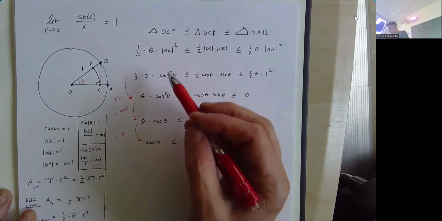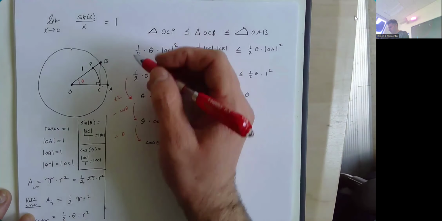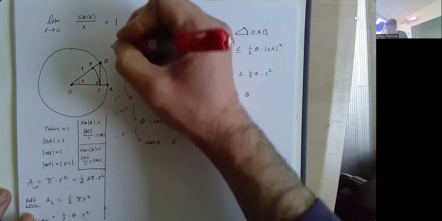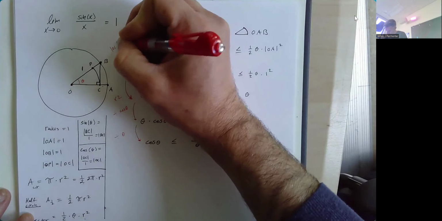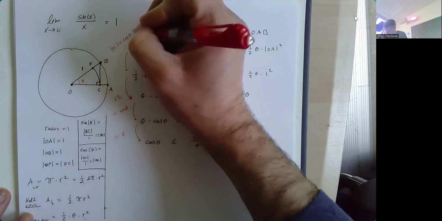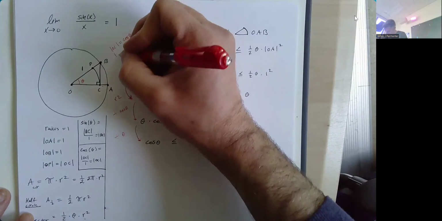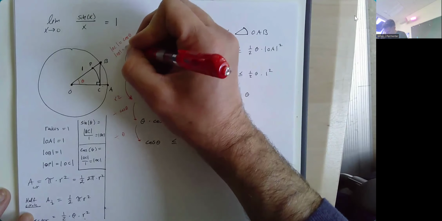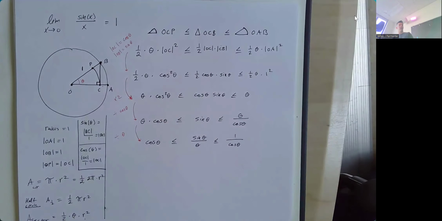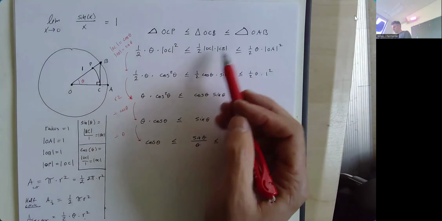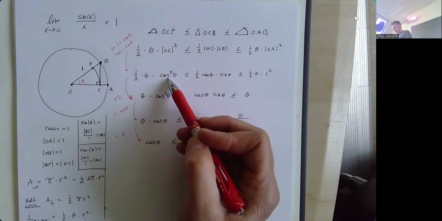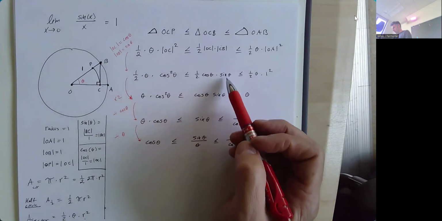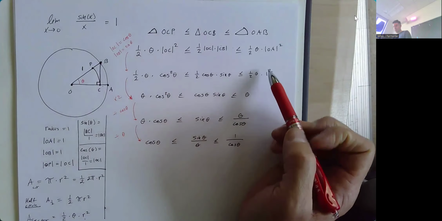In this first step, I said that OC was equal to cosine theta and CB was equal to sine theta. From the first step to the next, I replaced OC with cosine, CB with sine, and OA with 1.